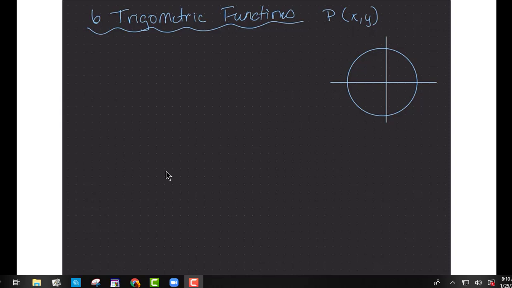Let's say we were looking at this angle, and let's say this is our angle t. This here would be my point, this is my x, y. And we know since it's the unit circle, that's the point 1, 0.